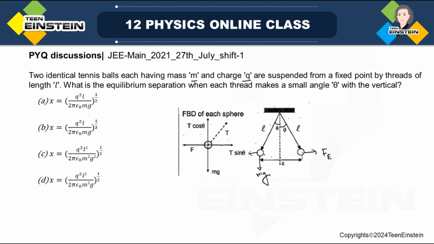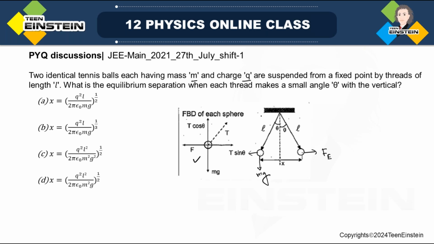So we can see two forces acting on these two particles, and another force is the tension that acts along the string or this thread. So there are three forces acting on this tennis ball. If we consider a single tennis ball and see the FBD for each spherical tennis ball, the FBD looks like this.